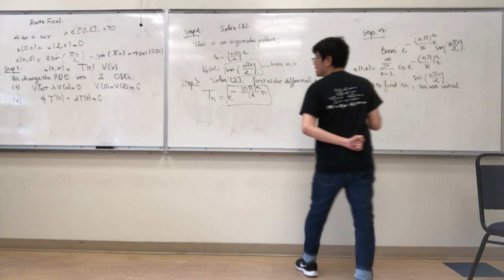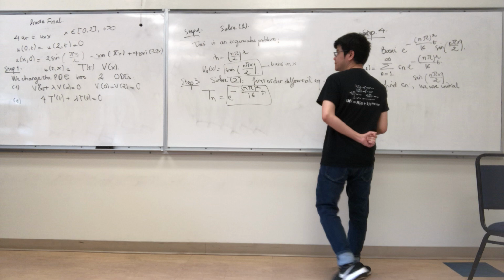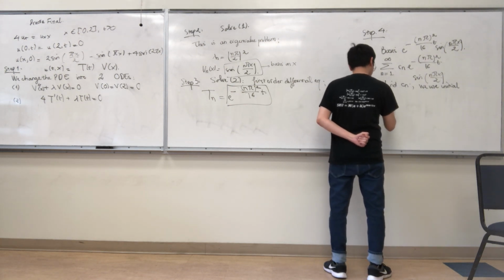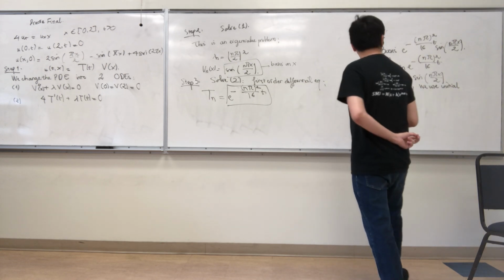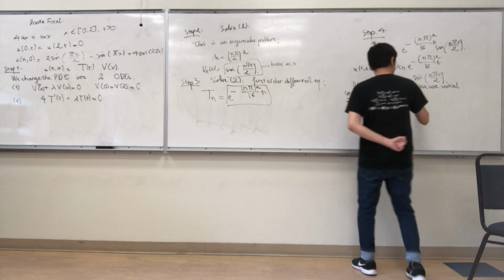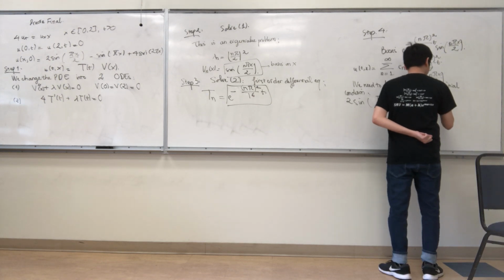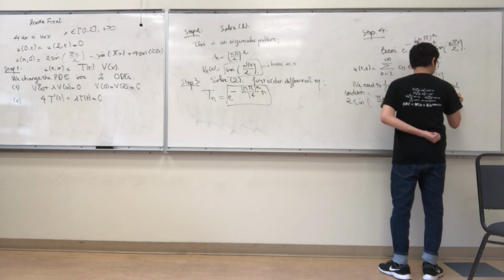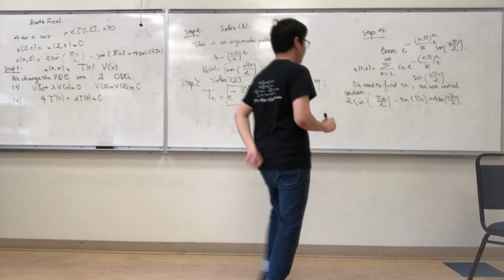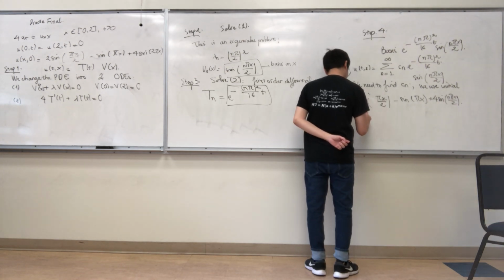So we use the initial condition: 2 sin(πx/2) − sin(πx) + 4 sin(2πx). Alright? This is going to give you u(0,x).